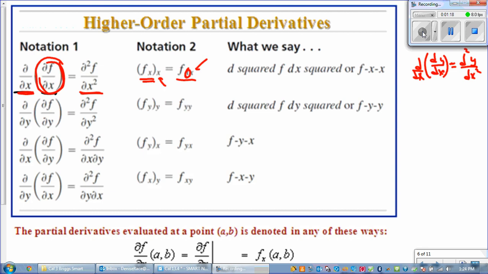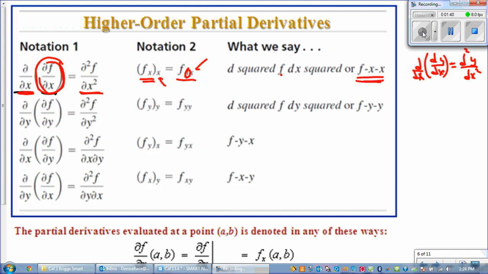So you could say it's d squared f dx squared, which I won't ever say that, or you can say f sub x x here, or you can just say the partial derivative of f with respect to x twice. F sub xx is probably what I would say for the second partial.